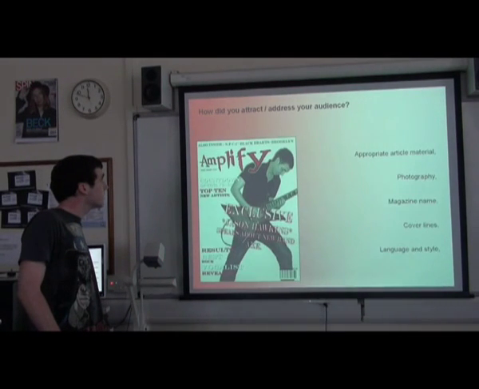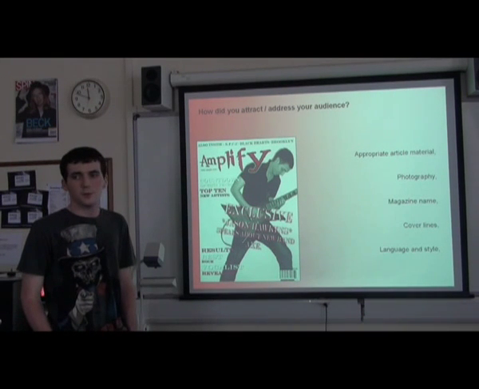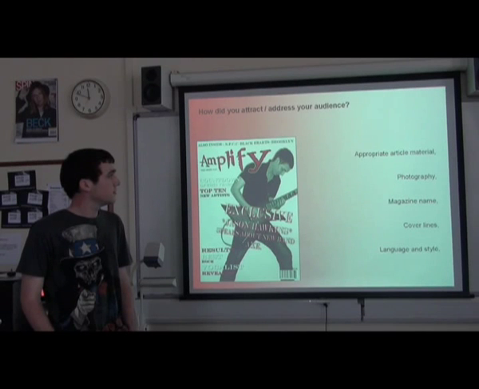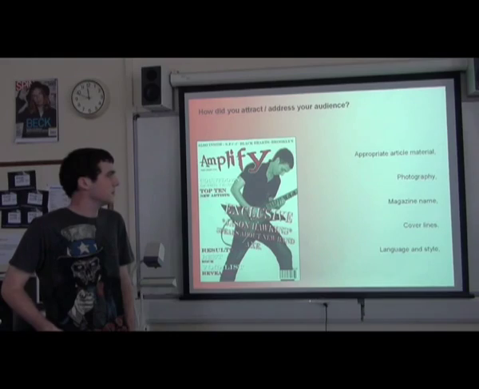How did you address your audience? Well, article material had to be appropriate. I had to choose things which people would be interested in actually reading. Photography, I had to provide photography which was recognisable as a part of the genre by my audience.